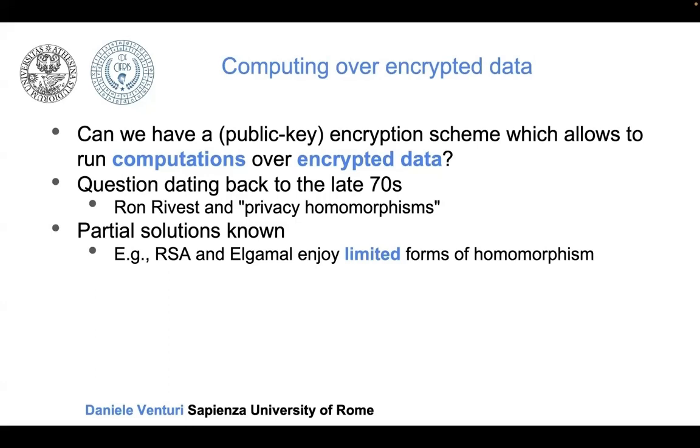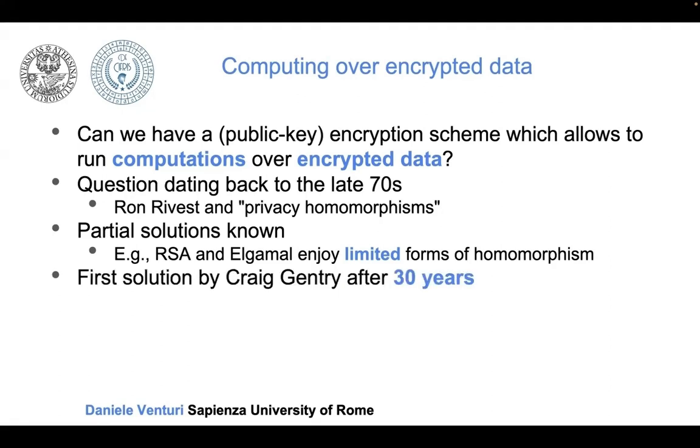I get a new ciphertext, and if I decrypt it, I get the product of the plaintexts. So even though I don't know what the ciphertext encrypts, I know for sure that it's going to encrypt the product of the plaintexts.